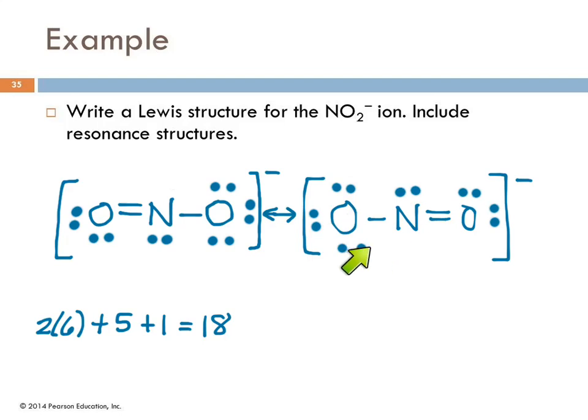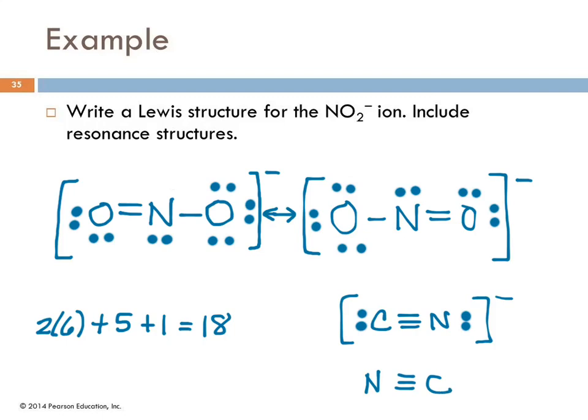This is different than just flipping a molecule. So cyanide ion looks like this. And you could also draw it with the nitrogen over here and the carbon on this side. But that's actually the same thing, right? You just drew it backwards. And on the surface, this might look to you like the same thing drawn backwards.